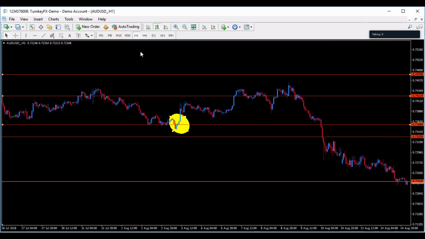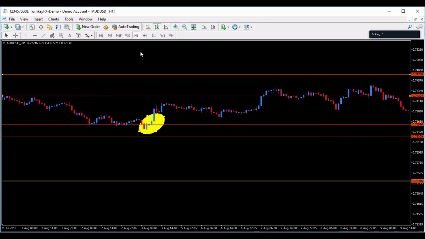Because guys, if the market is going up, 9 times out of 10 it's going to break your resistance. If the market is going down, it's going to break your support. So if you ever get confused about where you are, just look at the trend of the market. Whichever way it's going will let you know which side is going to break, whether it's the support or the resistance, the supply or the demand.